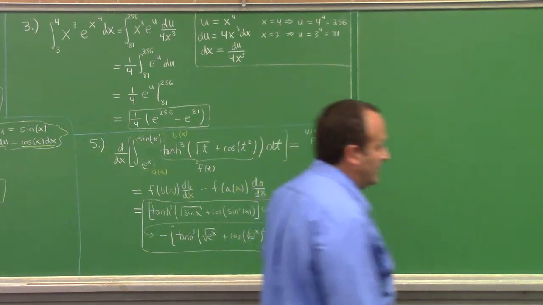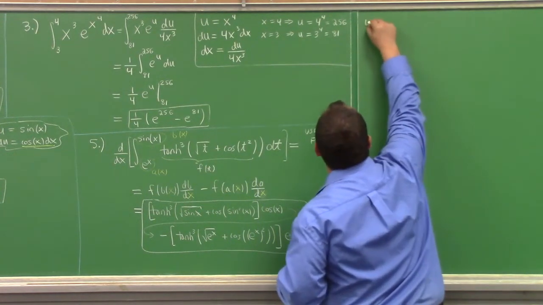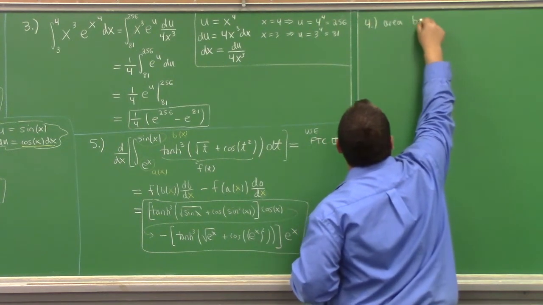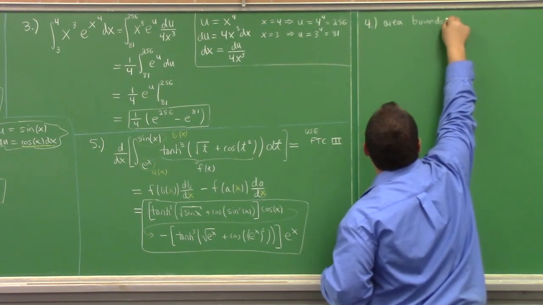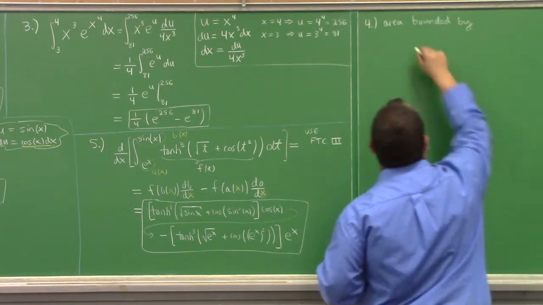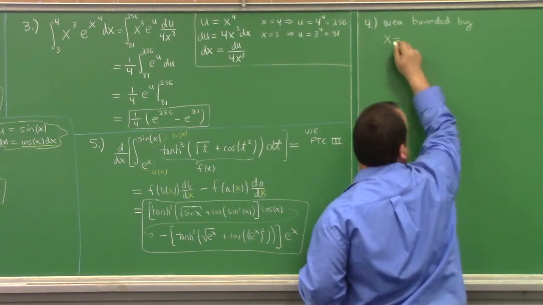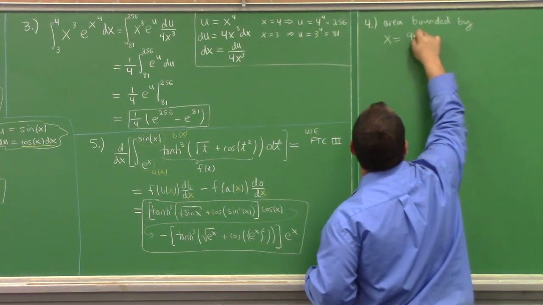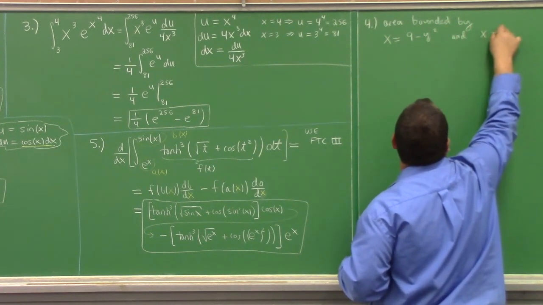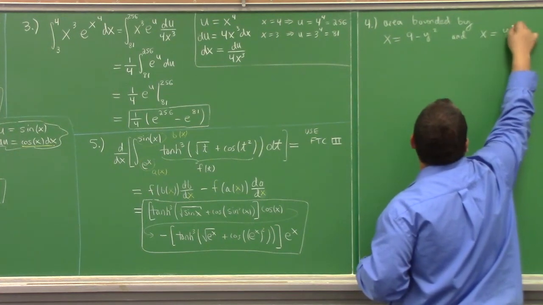Now let's do number 4. Area bounded by x equals 9 minus y squared and x equals y squared minus 9.